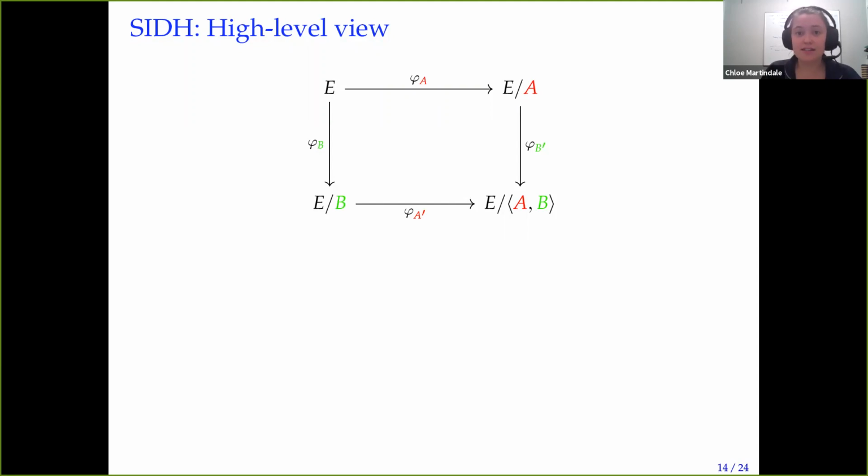Alice knows a secret subgroup A of the elliptic curve E, and she computes the isogeny with that kernel. Bob knows a secret subgroup B of the elliptic curve E, and he computes the isogeny with that kernel. Then, just like in classical Diffie-Hellman, they share their respective public elliptic curves, and then they do something else.